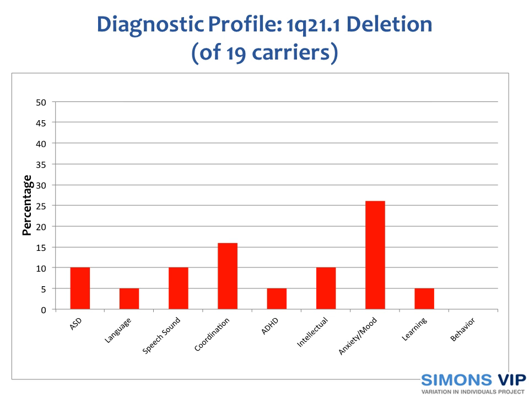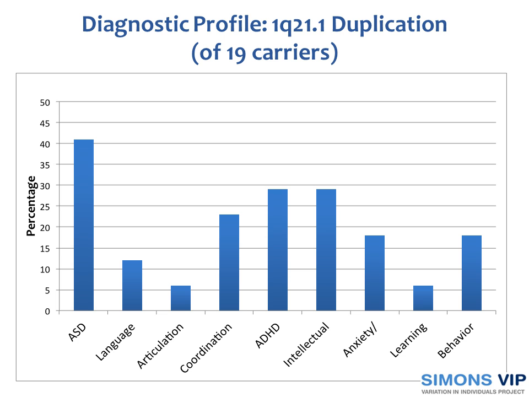With our duplication carriers, shown on this next slide, we start to see a little bit more of a pattern emerging, with our most common diagnosis, again, I'm using air quotes, being a diagnosis of autism spectrum disorder, followed by ADHD and intellectual disability. That is then followed by developmental coordination disorder, and then lastly, anxiety and mood disorders still being seen.